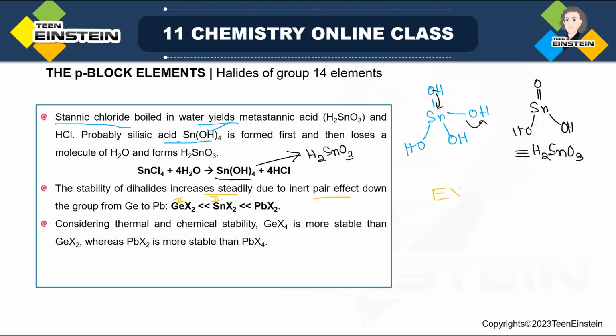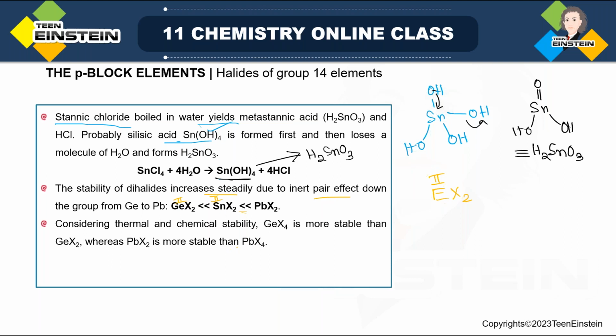In general, if I write EX2, here the oxidation state is +2, right? Now we know that for the +2 state in group 14, as we move down the group, because of the inert pair effect, the tendency of the +2 oxidation state compared to +4 is more. So that is why here for PbX2, you can see double arrows are there. It is not just greater, it is very, very greater.